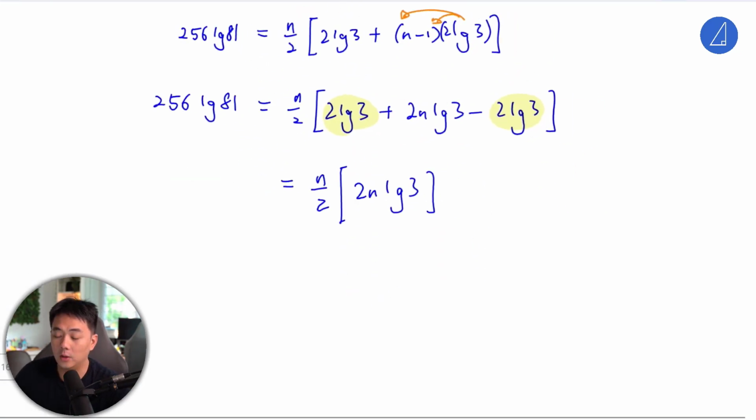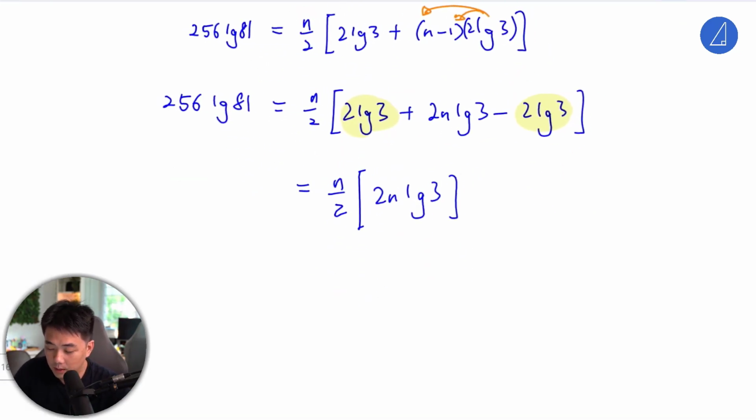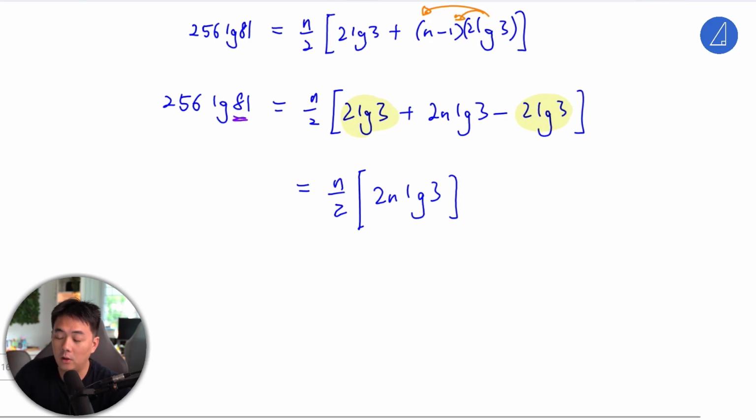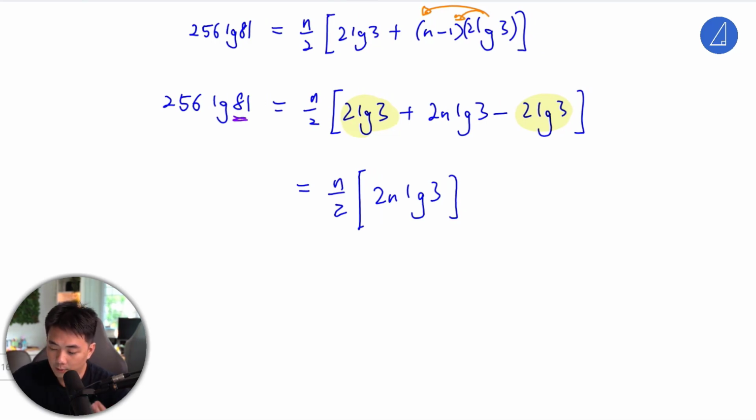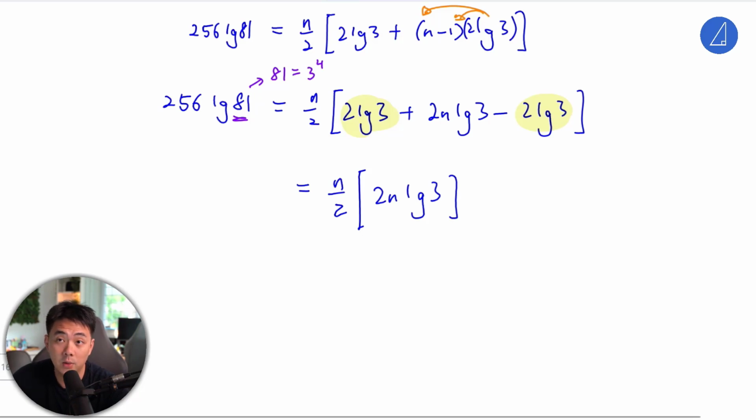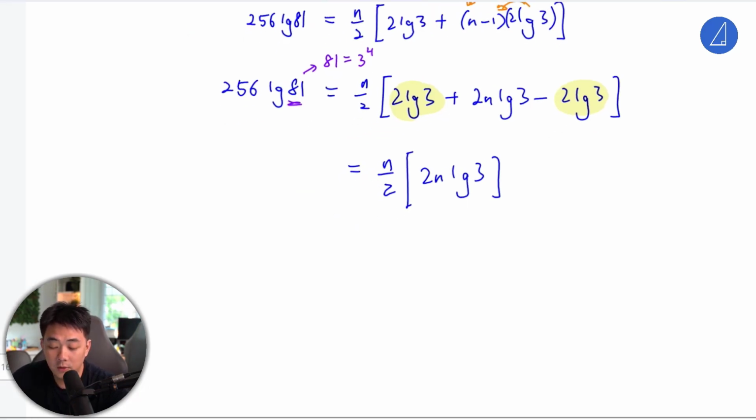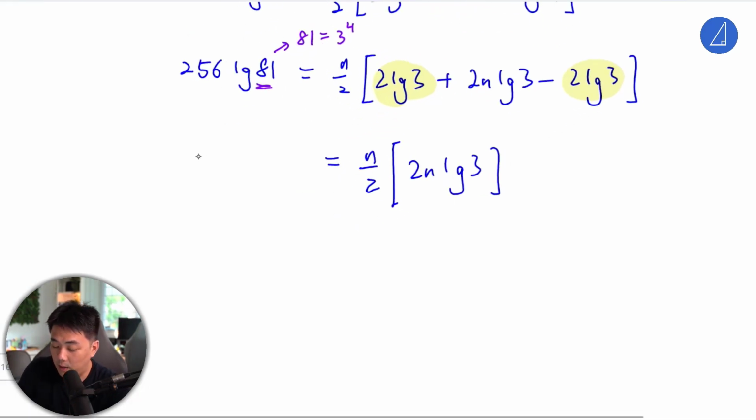Okay, there you go. Now I would like to draw attention to this: log 81. If we prime factorize it, 81 is 9 multiplied by 9, which is also 3 squared times 3 squared, which is 3 to the power 4. Of course you can use a calculator to solve this, but I'll just practice some of our logarithms.